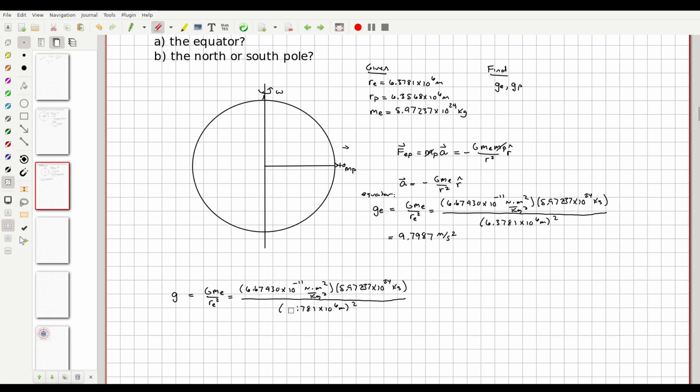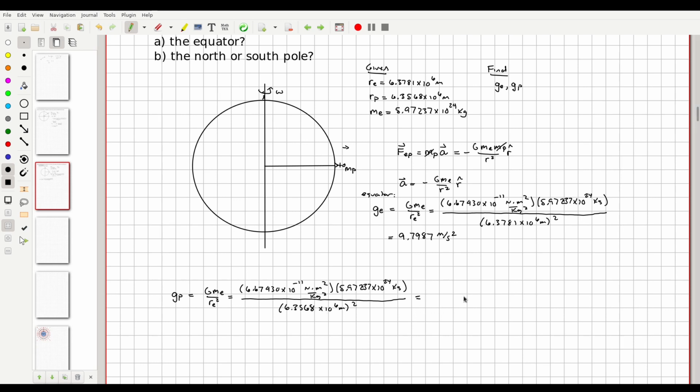Get rid of our radius there. And so this would be at the poles, right? So here, like I said, it's the same calculation, except now we're using this radius right here. That is 6.3568 times 10 to the 6.